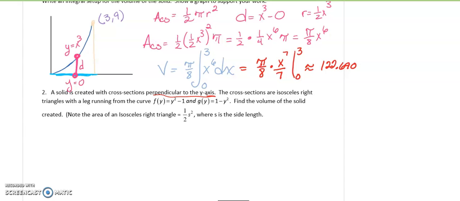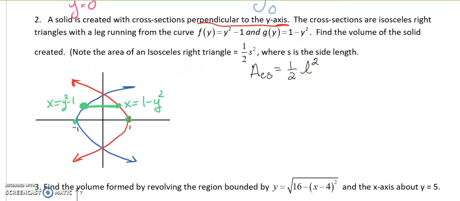So I'm going to have you pause the video and get an accurate graph drawn on your paper, and then decide the area of the cross section. You can see that in green I've drawn the leg of the isosceles right triangle, and I've labeled those x values.